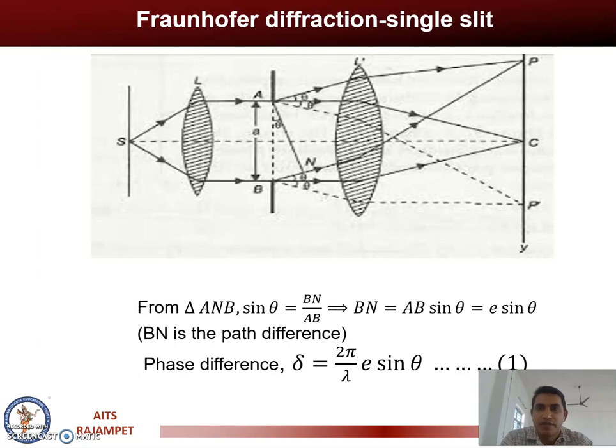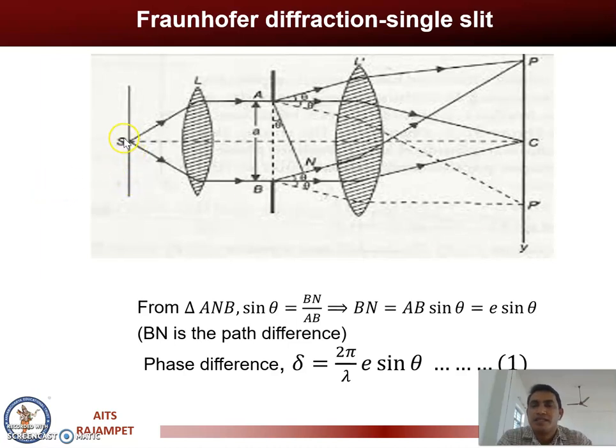Now we are going to study the Fraunhofer diffraction due to the single slit. See here in this figure showing how the slit, screen and source of light are arranged in the single slit experiment. Here AB is the slit and the slit width is e, and Y is the screen where we observe the diffraction pattern, and S is the source of the light.